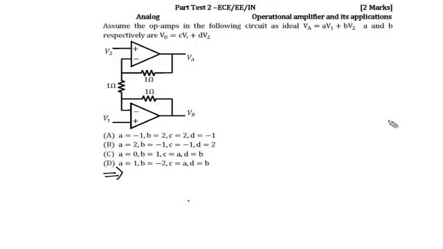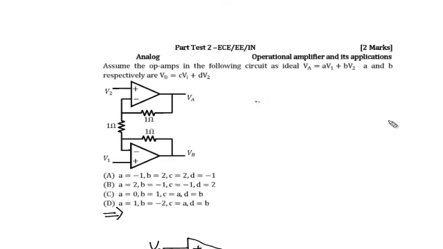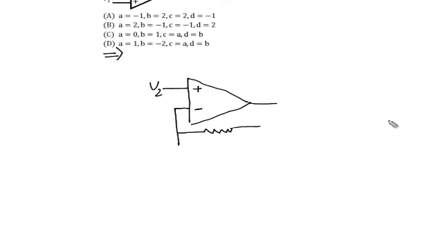So let's draw the circuit once again. We have an op amp which has, in the non-inverting terminal, a voltage source V2 connected, and from the inverting terminal there is a negative feedback to VA.